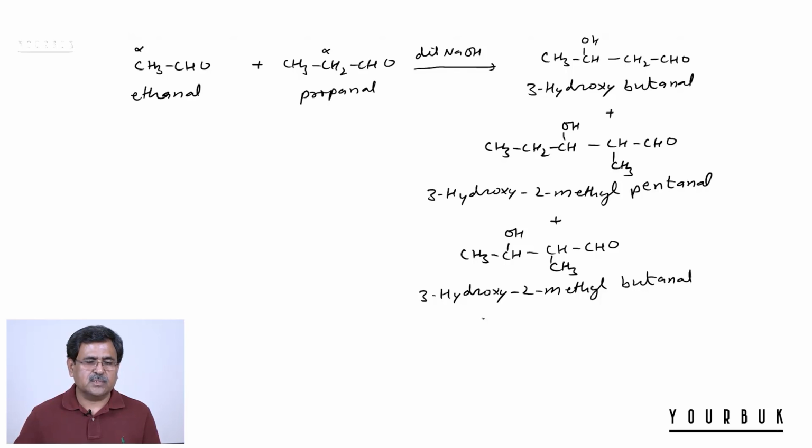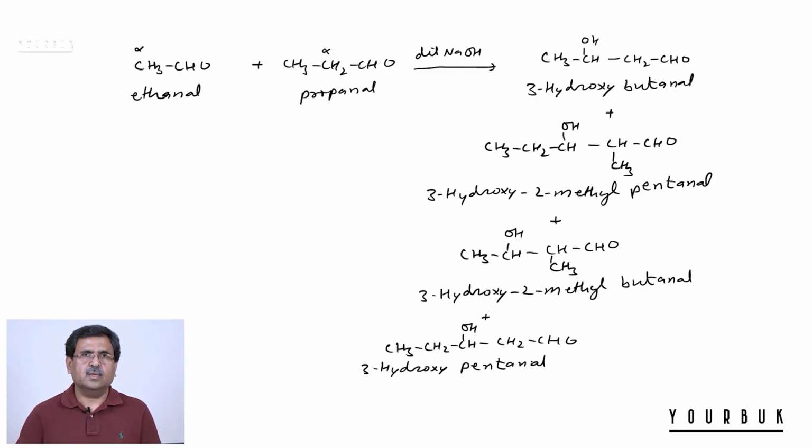And the fourth product is when propanal acts as a substrate. And this product is named 3-hydroxypentanal. So the 4 products are formed if both the aldehydes have an alpha H present.